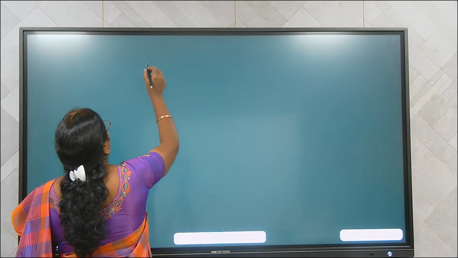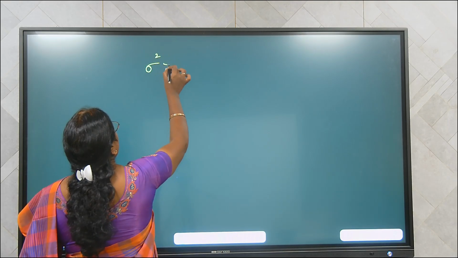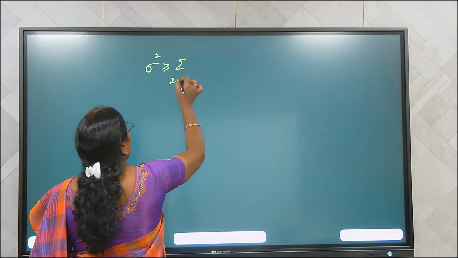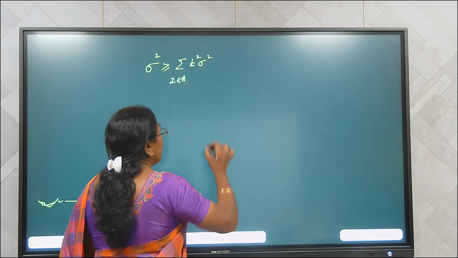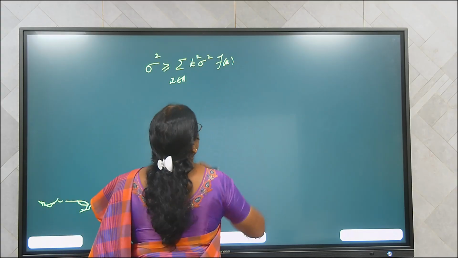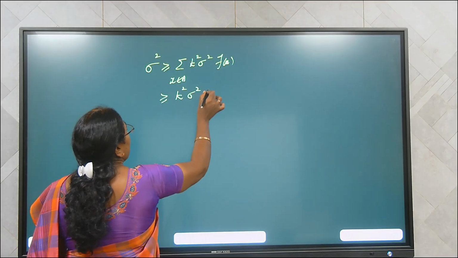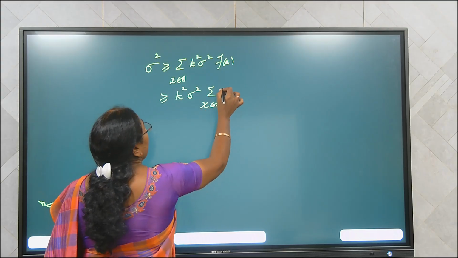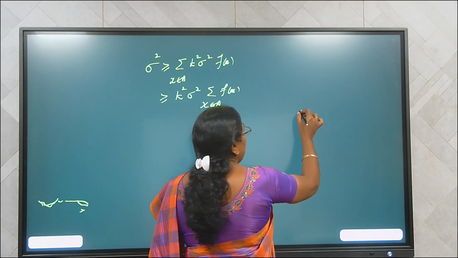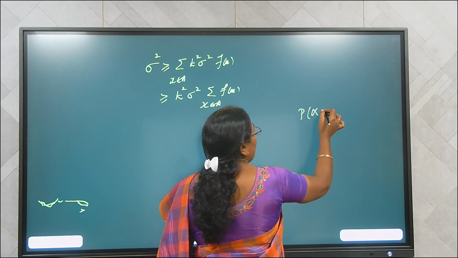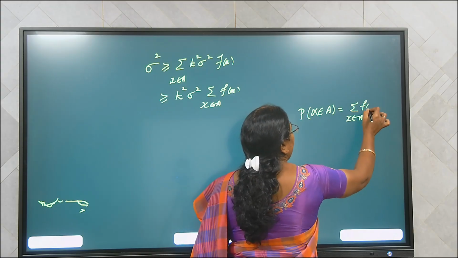So we get sigma squared greater than or equal to the sum over x belongs to A of k square sigma square into f of x. Since k square sigma square is a constant, we can take it outside: k square sigma square times summation x belongs to A of f of x. By the properties of PMF, probability of x belongs to A is summation x belongs to A of f of x.